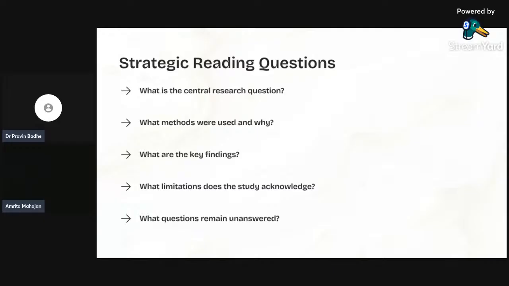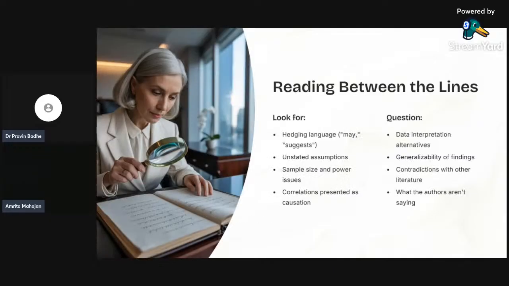Every paper might have one or two limitations, so you have to go through it properly to find out those limitations and challenges, to acknowledge the study. And what questions are you making in your mind, what questions remain unanswered, so that you can explore more within your choice of field.